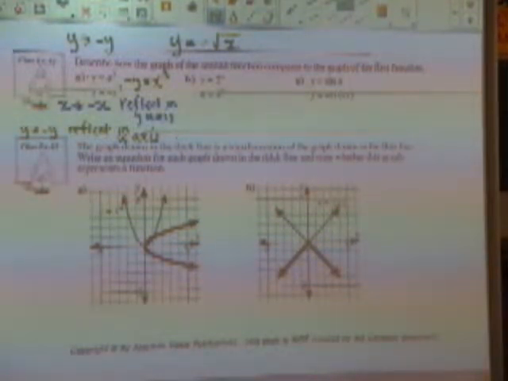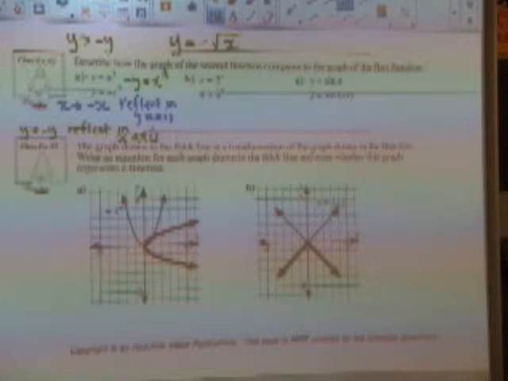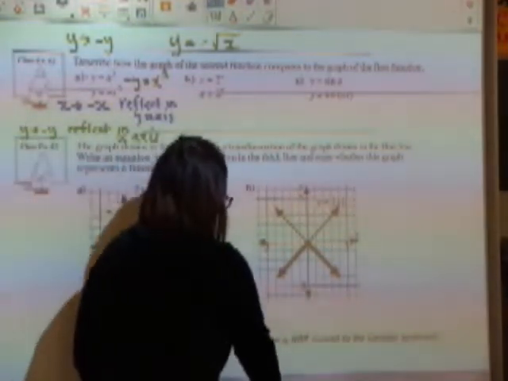I'm not going to expect you to give me both, but if you gave me either one of them, they would both be correct. It is correct to say that it's a reflection in the y-axis, and it would be correct to say that it's a reflection in the x-axis. One or the other, not both. It's not reflecting in the x and then in the y, it's just reflecting in one or the other.